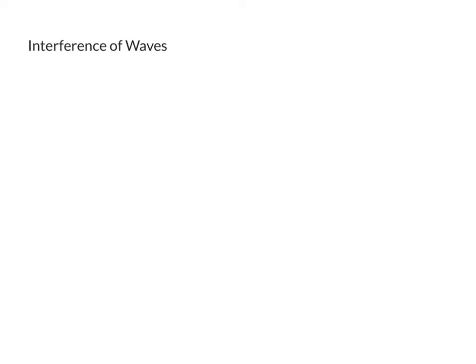So waves, whether they're sound waves, water waves, you name it, light waves, electromagnetic waves, waves are waves are waves. They interfere with one another, and they can do that in constructive ways or in destructive ways. By constructive, I mean two waves coincide with one another and produce a larger wave.